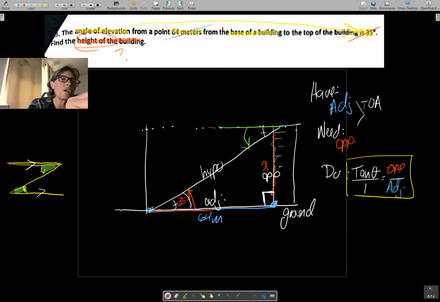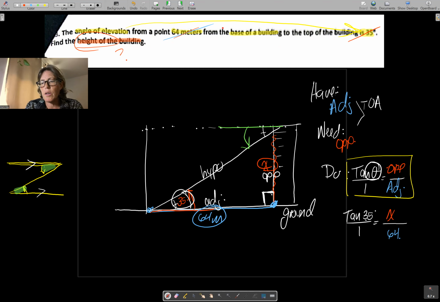Now we circle, plug, chug. And tangent of theta, our theta is 35 degrees over 1 equals opposite, which is our x, over adjacent, which is 64. Don't touch a calculator until your variable is completely by itself.